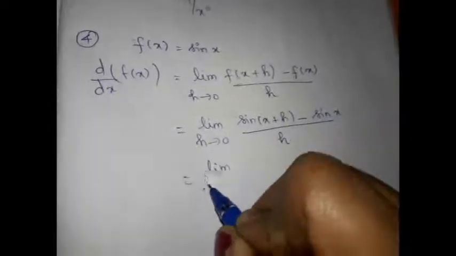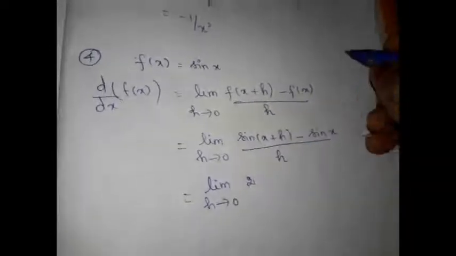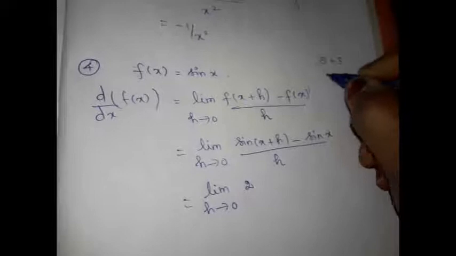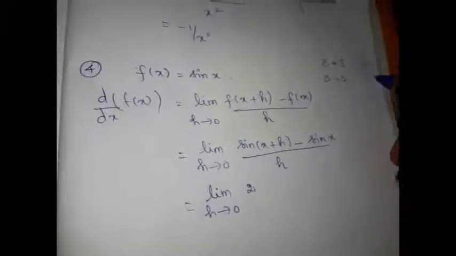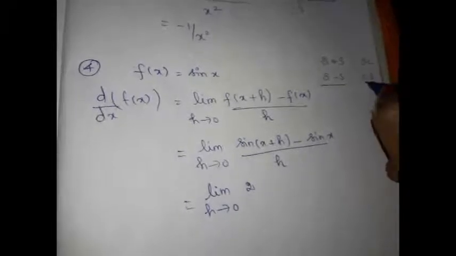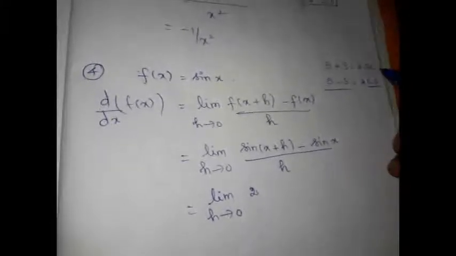So limit h tends to 0, 2 times. Hope you remember this: S plus S, S minus S. Here it will become SC, CS, so for S minus S it is CS, and before that we put 2. It is (A + B)/2 and (A - B)/2.